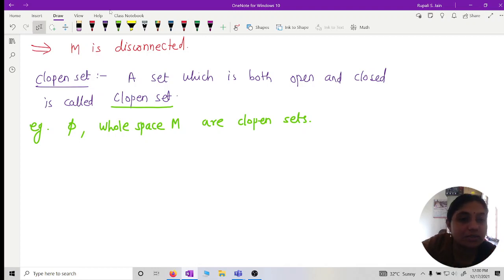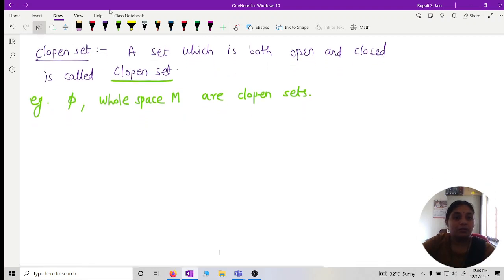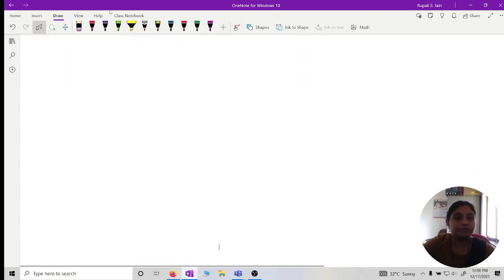So it depends on which metric space we are talking about. Is that okay? Now we'll have a theorem.